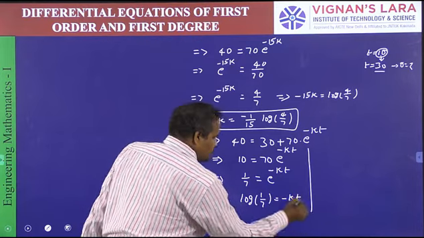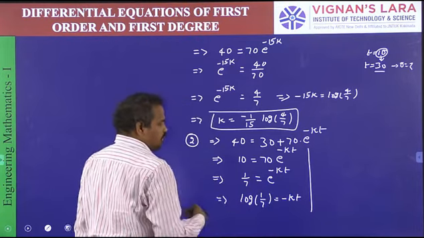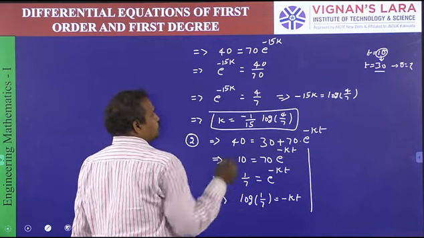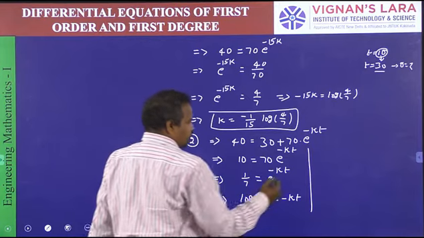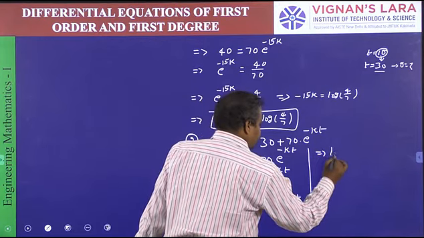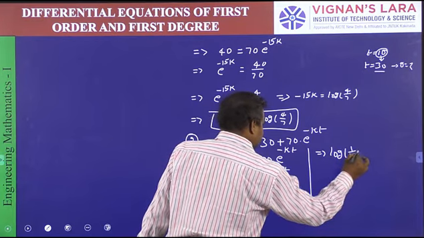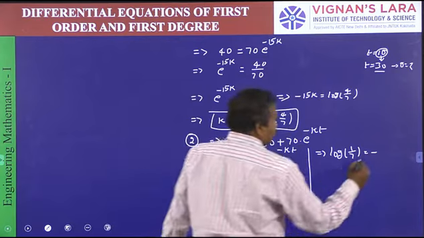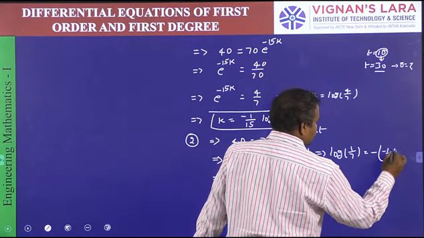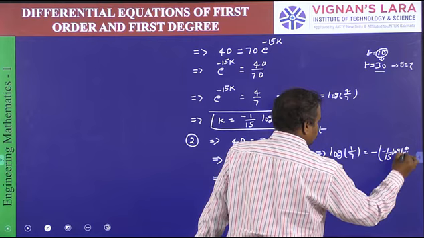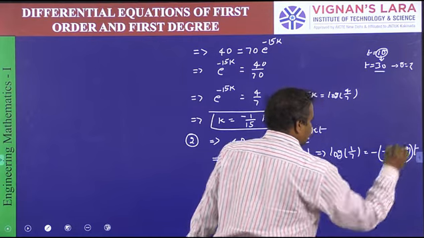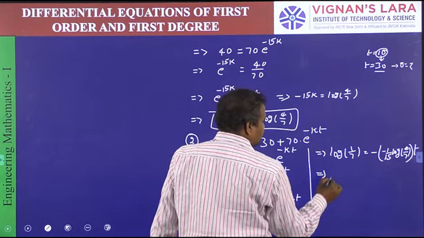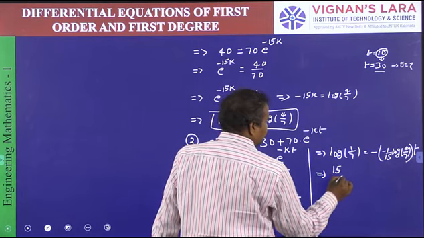Our aim is to calculate the value of t. Bring that minus k also. Before this, substitute the value of k. What is the value of k? Minus 1 by 15 into log of 4 by 7. Substitute that. Log of 1 by 7 is equal to minus k value, minus 1 by 15 log of 4 by 7, into t. Minus into minus cancels, and this denominator 15 goes to the left hand side as multiplication by 15.